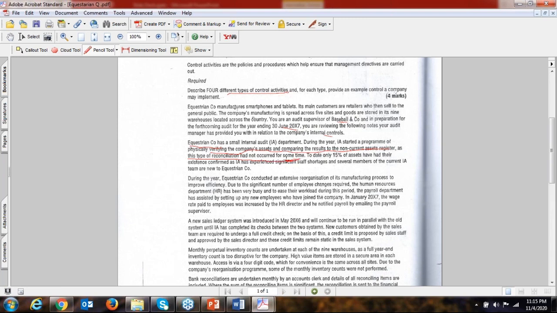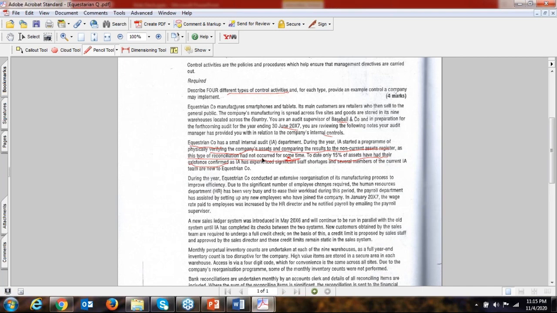Remember to identify the keywords. To date, only 15% of assets have had their existence confirmed. Only 15%. So this is the problem.